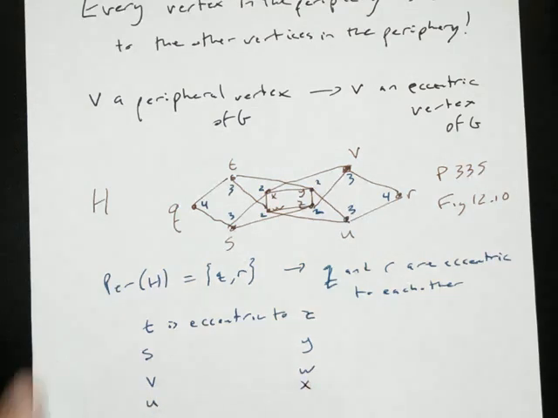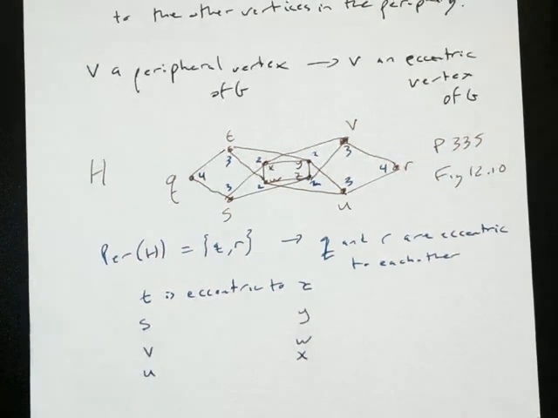Wait a minute. That means the list of eccentric vertices is now much larger. I've got 6 eccentric vertices: Q, R, T, S, V, and U.